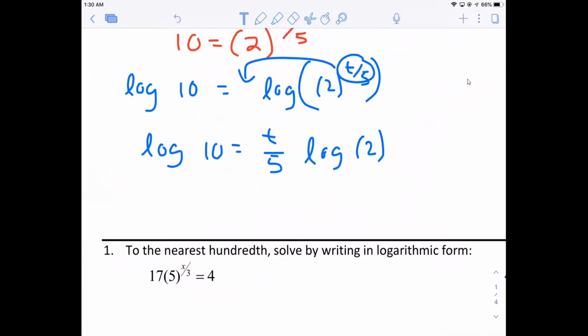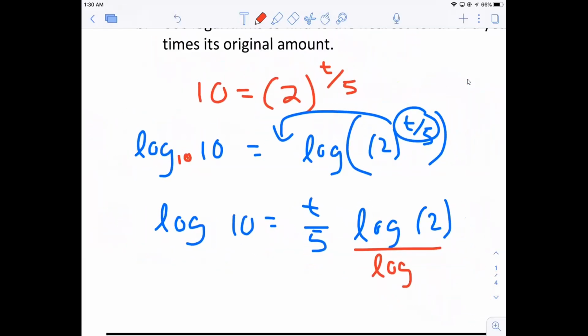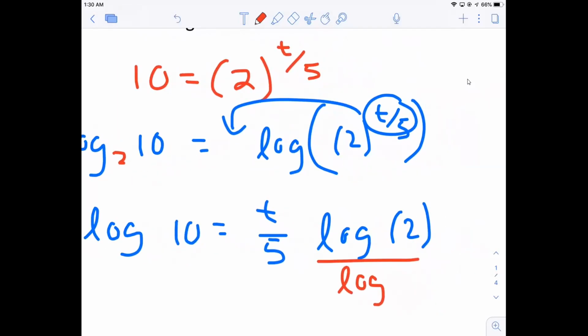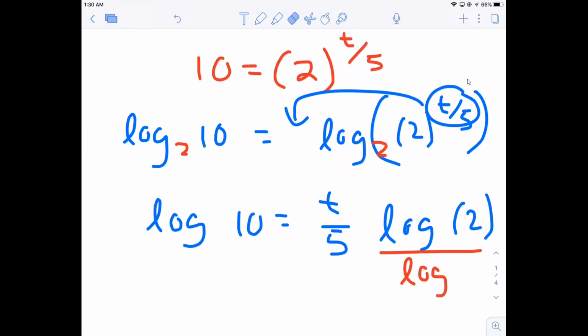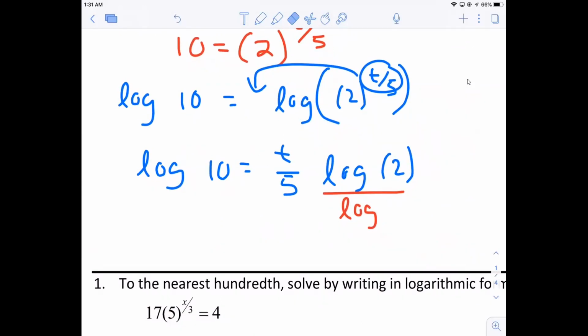And now I can divide both sides by log of 2. And I'm just using the common log here, that's log base 10. If you want to be weird, you can choose a different base. You can take the log base 2 of both sides. But why would you do that? Because it's more work. So just take the common log, or log base 10 of both sides, which we just write as log.